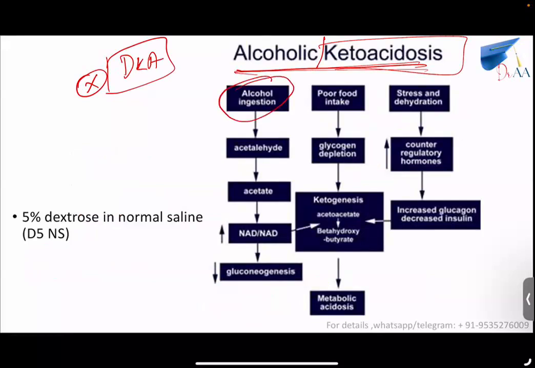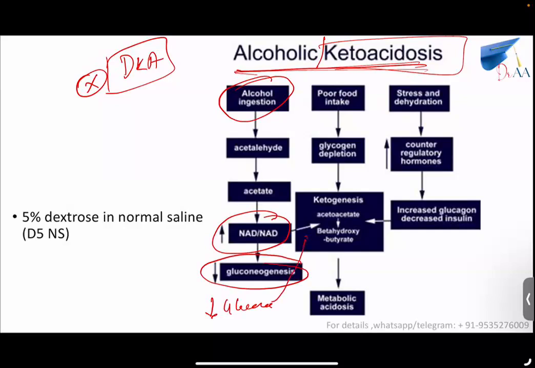Once you drink a lot, there will be depletion of NAD and NADH. These enzymes are required for gluconeogenesis, so gluconeogenesis will come down. If gluconeogenesis comes down, glucose production will come down. So the metabolism of fatty acids will result in increased levels of beta hydroxybutyrate. This is nothing but a keto acid.